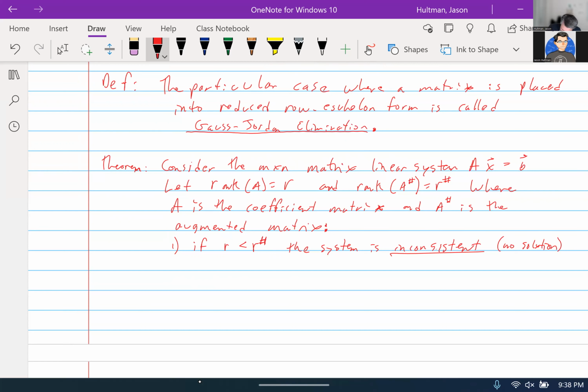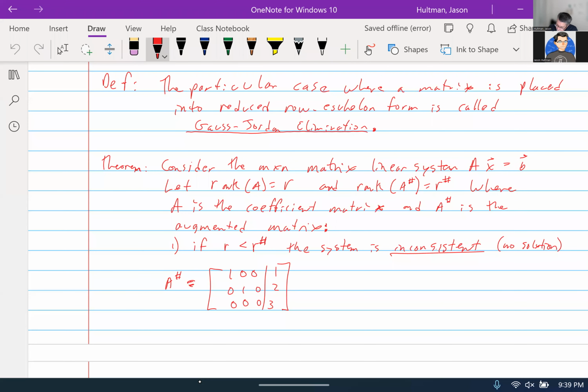If we look at an example of this where the augmented matrix, say, is equal to 1, 1, 0, 0, 1, 0, 1, 0, 2, and then 0, 0, 0, 3.